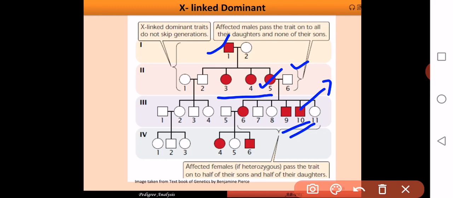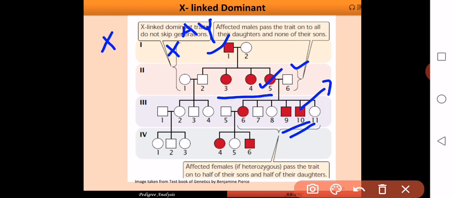You can also check the genetic status. Here this father will be X^A Y. And we can clearly answer why all the daughters are affected if the father is affected. It is because, for an individual to develop, there should be the X chromosomes.